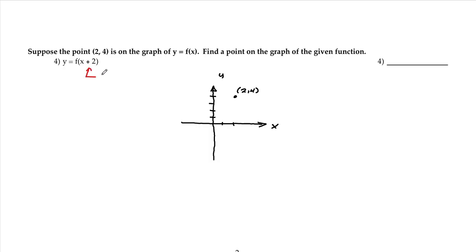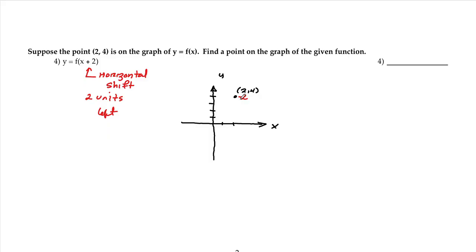So it's clear that this transformation was a horizontal shift two units left. If I move this point 2 units toward the left, it's like subtracting 2 from the x coordinate of the point.